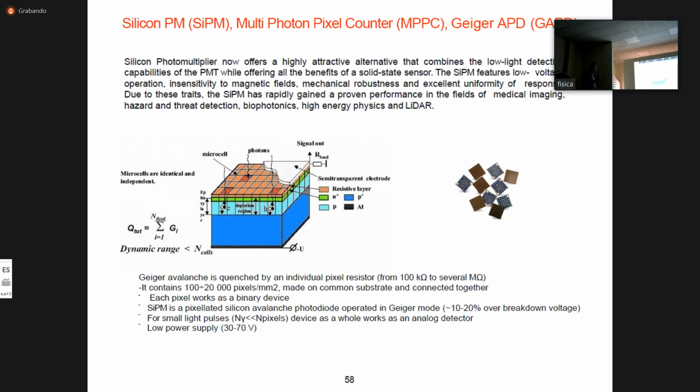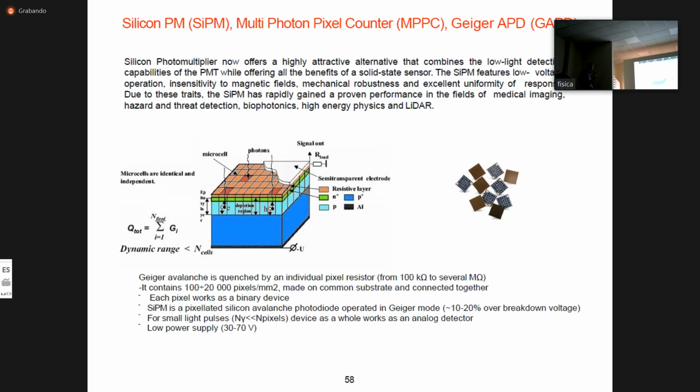physicists created a matrix of small semiconductor structures, which are called pixels, like in our smartphones, where I have CCD detectors to detect light. They have a lot of pixels. The same thing with silicon photomultipliers.